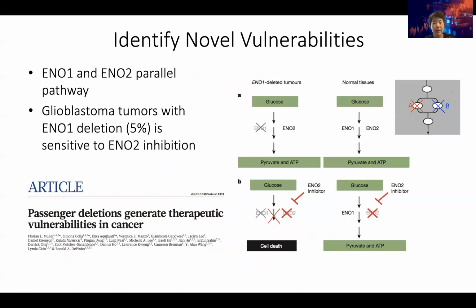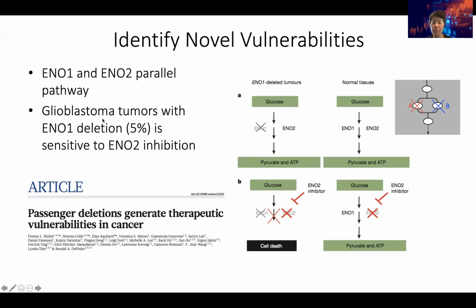We can also use this type of approach to identify novel vulnerabilities. This is an example that was published in Nature by Ron DePinho's lab, because sometimes the cancer cell growth needs parallel pathways. For example, in order for the normal tissue to metabolize glucose, it needs enzymes, either ENO1 or ENO2. Either one of them is okay.